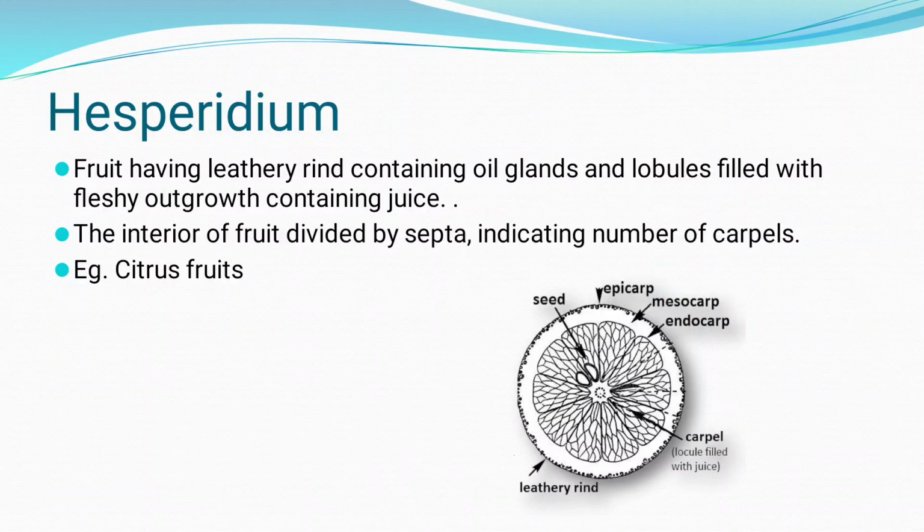So all these juice locules are present in the inner core of that seed. So the interior of fruit is divided by septa, indicating the number of carpels. So how much carpels are present in it, so that are indicated by the different septa or different partitions done by these septas. So the example is citrus fruit, that is sweet lime, oranges, all belongs to berry category and known as the hesperidium fruits.